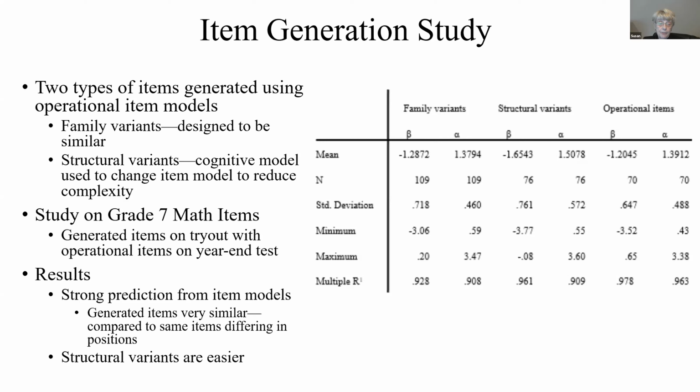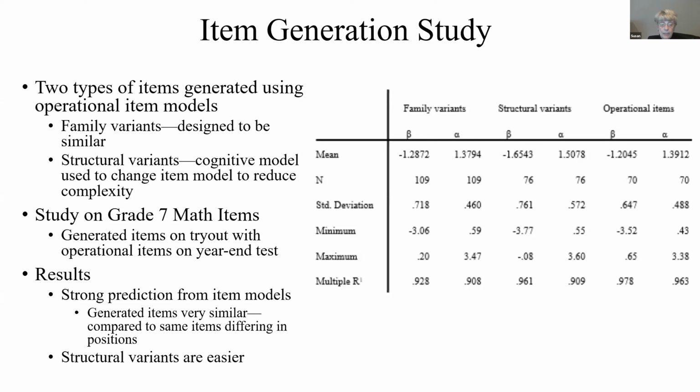They have the same parameters. And there's structural variants. There we use the cognitive model to change the actual generating item model to reduce or change complexity in some way. And so we call those structural variants, and then the others are family variants.